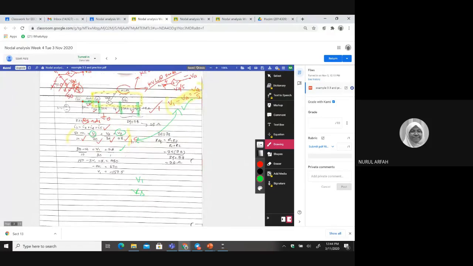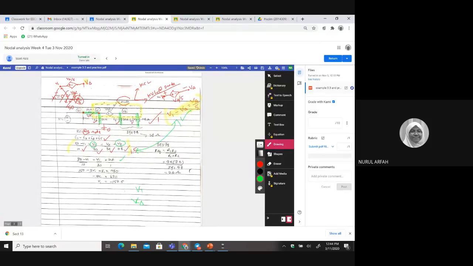Clear? Alhamdulillah. Any question? Maybe you still don't get the KVL part of the supernode or KCL. Which one are you still confused about? I think our sister here tried to do a combination of both. Yes, this is equivalent. Very good.